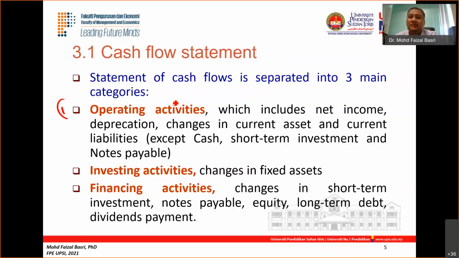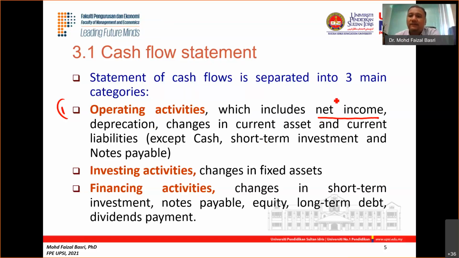You have to remember that under the operating activities, there are some items which are fixed when we plug in information, because when we do cash flow statements, the sources of information are still based on the balance sheet and income statement as well. So some items are considered fixed. For example, under operating, the first item must be the net income.